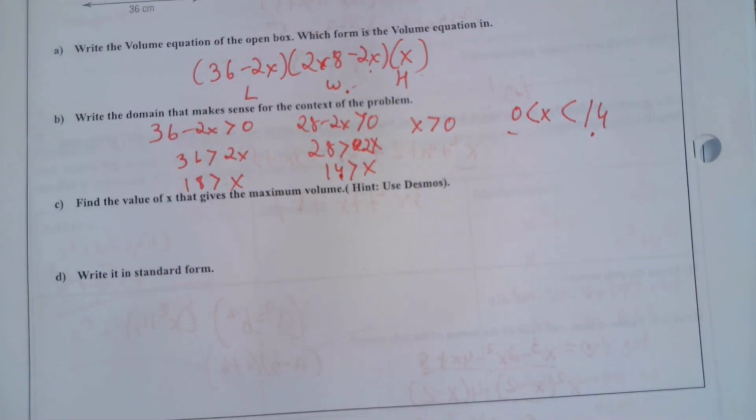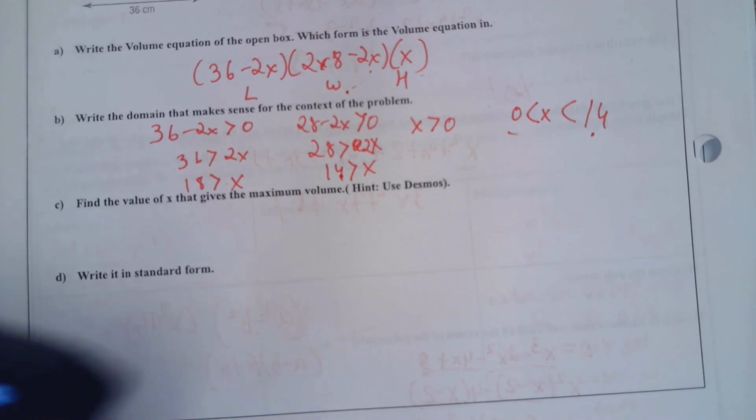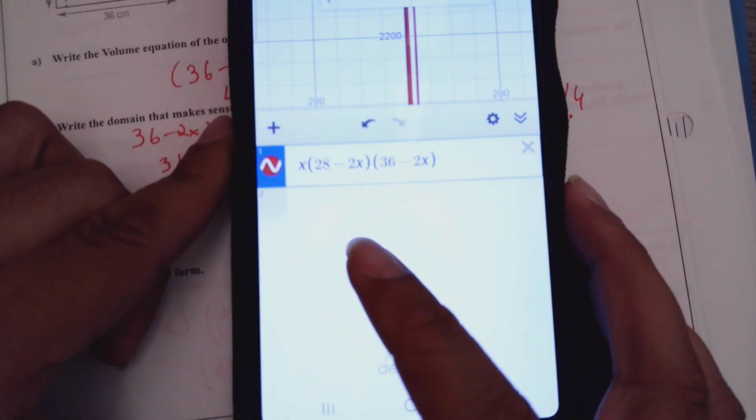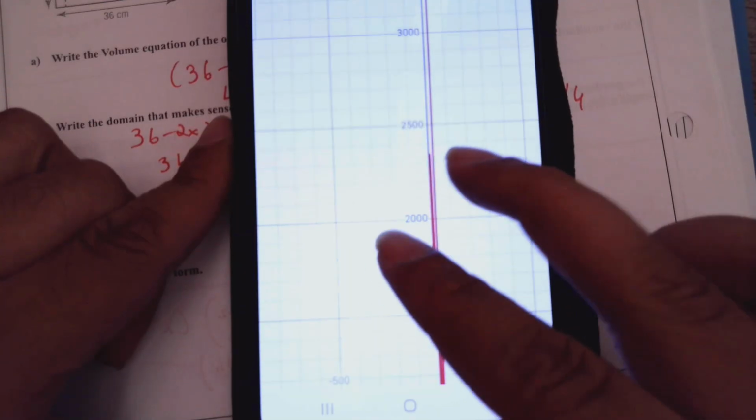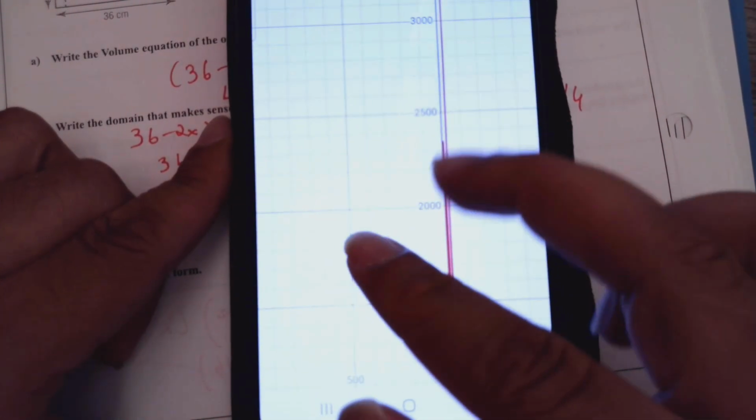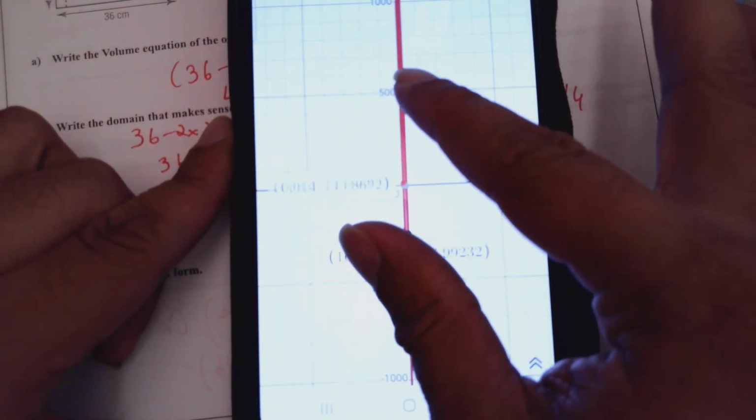So yeah, find the value of x that gives the maximum volume. For that you use Desmos, and I've already graphed it, right? I'll show you as well. X times 28 minus 2x times 36 minus 2x, and when I graphed it, this is what it looks like. Let me focus up here first. We said x has to be between 0 and 14. Why did we say that?